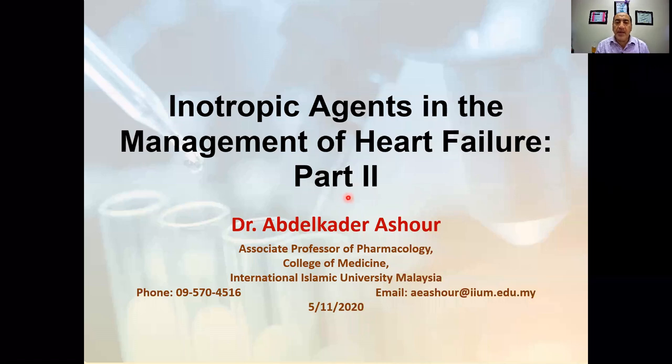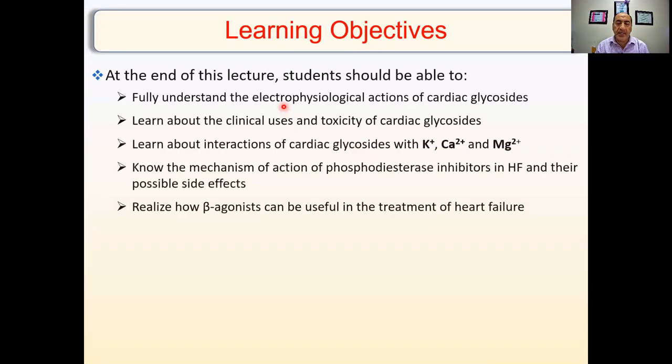Well, in this part 2 of inotropic agents in the management of heart failure, we will discuss electrophysiological actions of cardiac glycosides, their clinical uses, toxicity, and their interactions with these electrolytes, potassium, calcium, and magnesium.